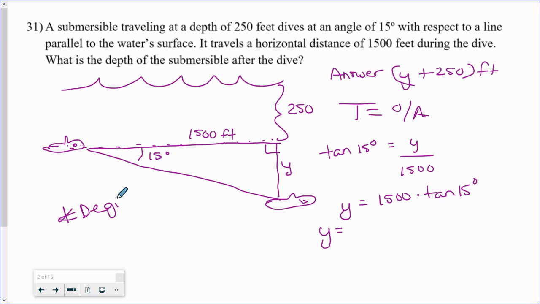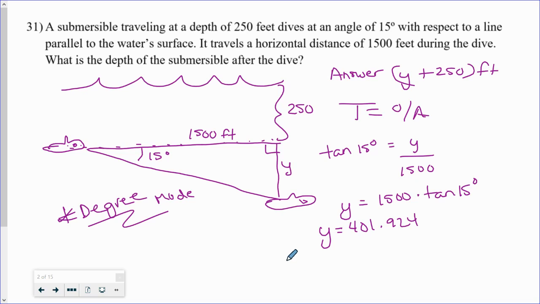I'm going to just put a little star: degree mode. Okay, so if I solve this out, I get y is equal to 401.924. I did not tell you what to round to, so you might have rounded to the nearest integer, or you might have rounded to 2 places. That's okay. I will try to remember to be more specific on the test, and if I don't, then you choose.